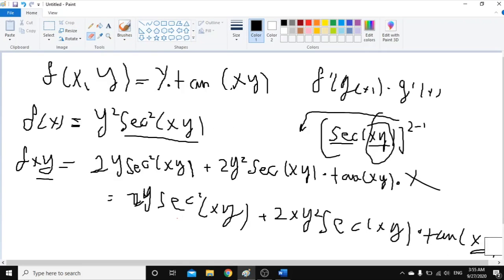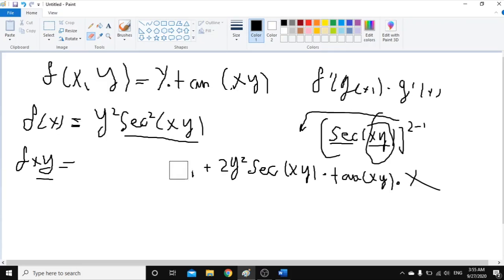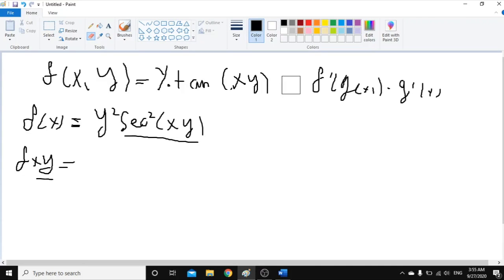As an exercise for you, I will leave the other 2 functions that I didn't find. You can find them, and I hope you can find your way. It's really easy, it's not that bad. Just do the same, and remember the trig functions that I wrote in the first derivative rules.